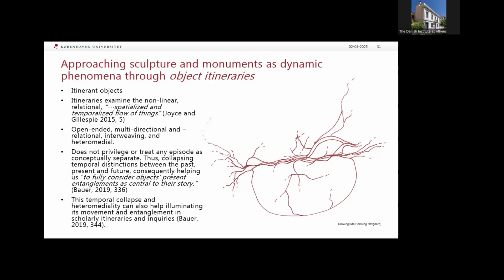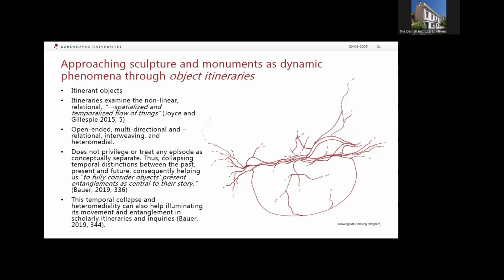This notion of itinerancy of these sculptures and monuments also envelops that all of the episodes exist in the same time for the sculptures. Even if they are no longer physically visible, it is a matter of our own perception and knowledge that determines our potential to see and acknowledge it.